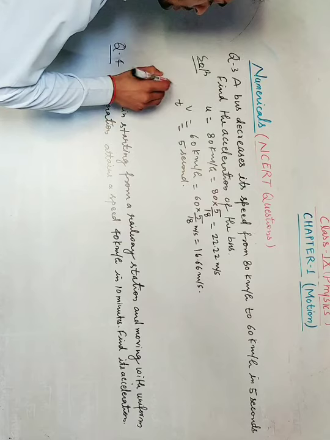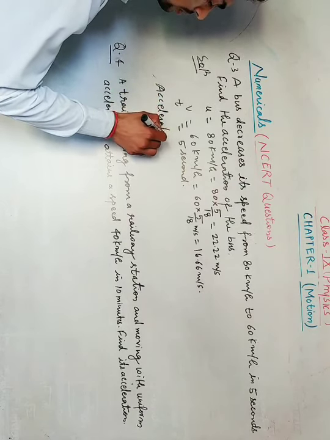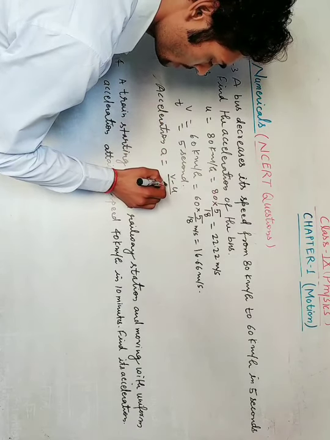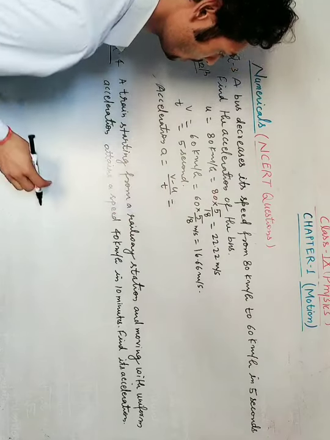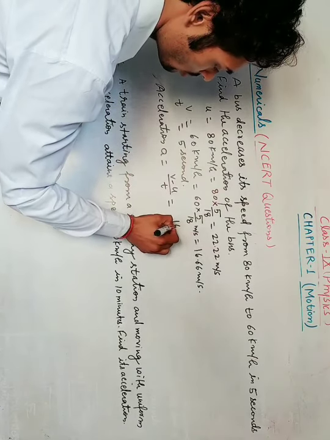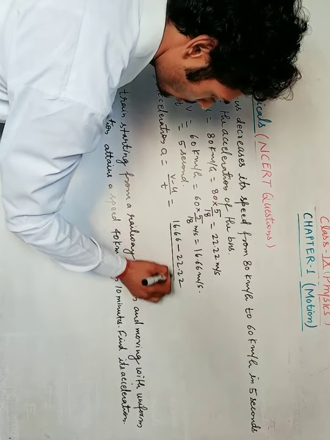Then acceleration a equals final velocity minus initial velocity upon t, equals 16.66 minus 22.22 by 5.